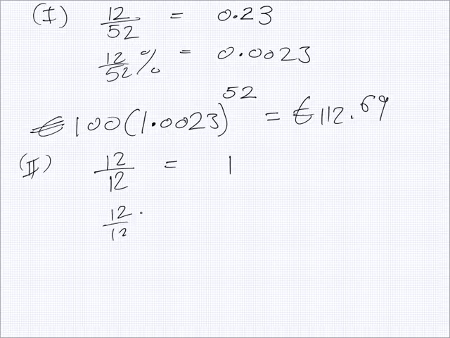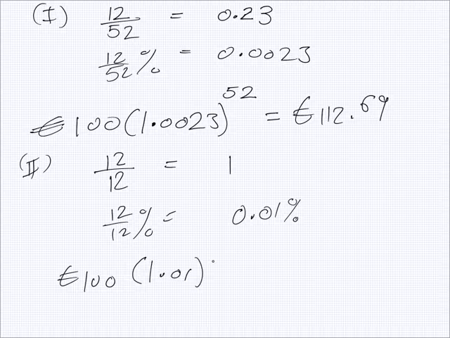The second bank, they pay 12%, but they pay monthly. So how much do they pay each month? 1%. 0.01 is what they pay each month. If I put 100 euros in the bank, each time they pay me, my balance increases by 1.01. How many times does this happen over 1 year? 12 times.